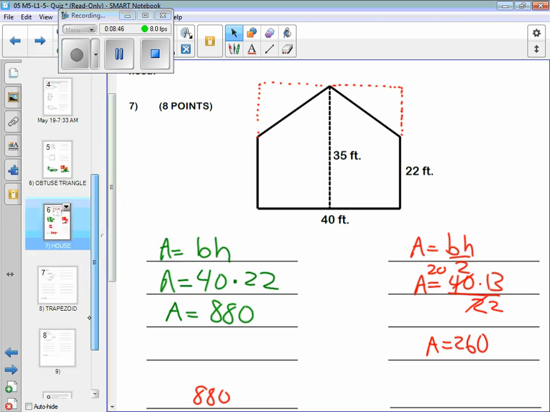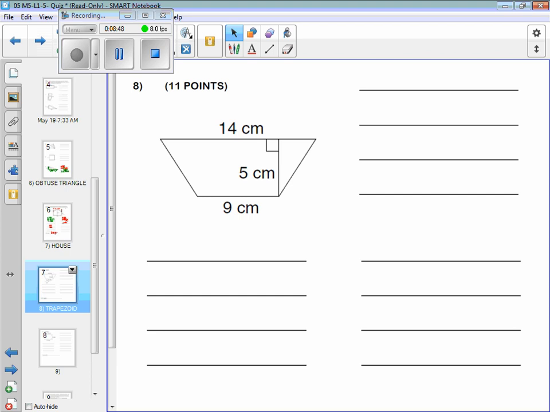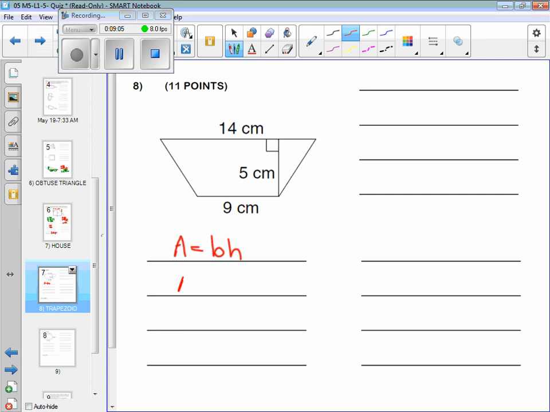All right, next is the upside down trapezoid. Unfortunately, if you had one formula with one set of substitution, you lost a lot of points. I saw many of you do this, and I'll explain to you why this is problematic.